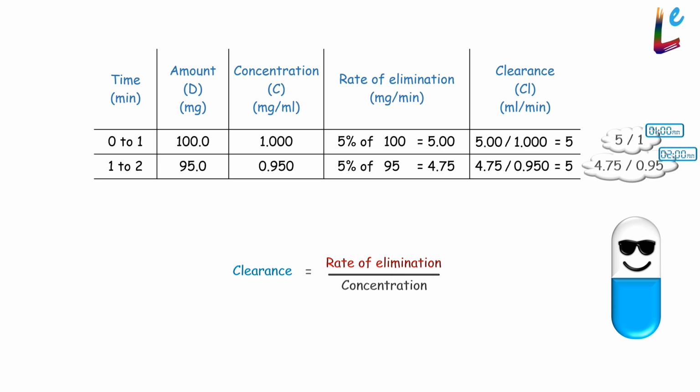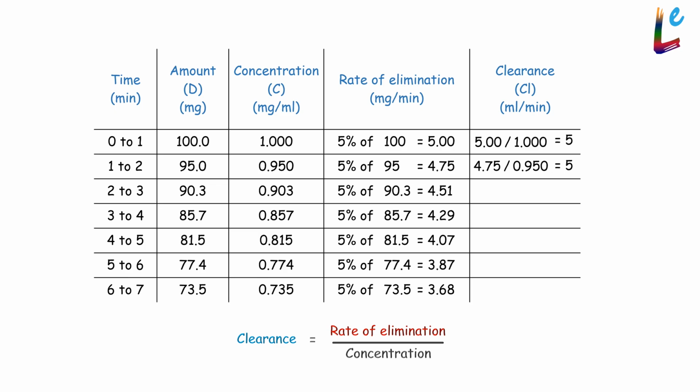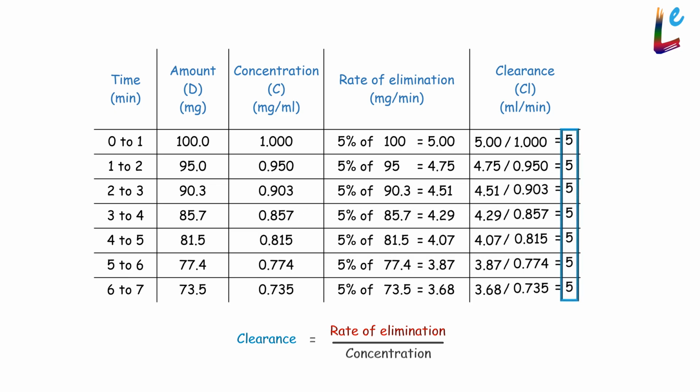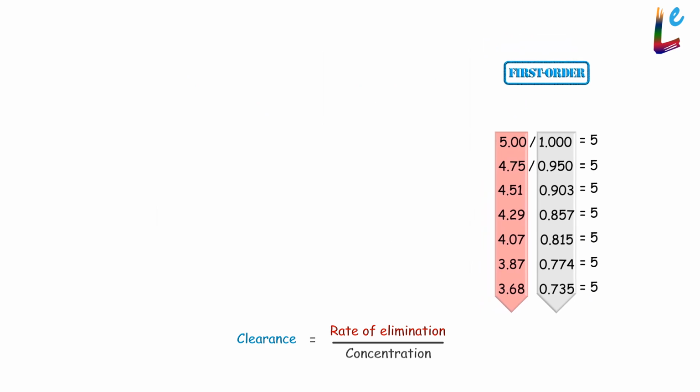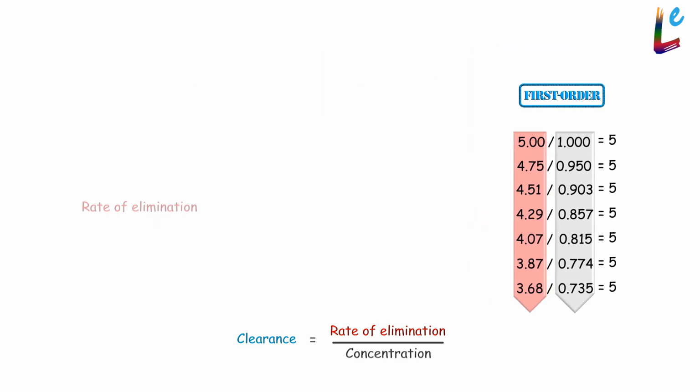Now, if we continue to calculate the clearance of the drug in the tub using this equation, this is what we get. Here, clearance is a constant. This is because of the nature of first order kinetics, where, as concentration decreases, the rate of elimination also decreases proportionally. In first order kinetics, the rate of elimination is proportional to the concentration.